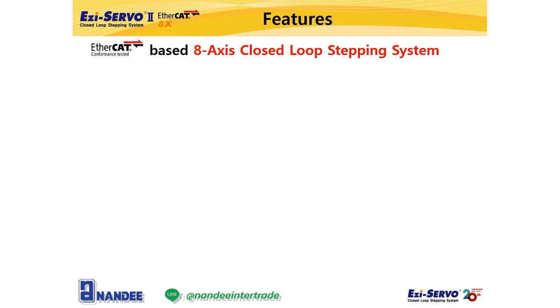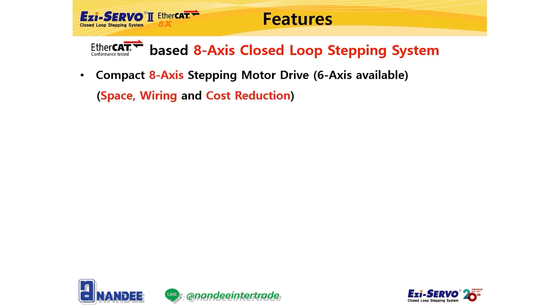Easy Servo 2 EtherCAT 8X is EtherCAT-based 8-axis closed-loop stepping system product. There are 8 drives in one Easy Servo 2 EtherCAT 8X case. Thus, you can save space and the wiring would be simpler. Space saving and less wiring can reduce cost. I will tell you about in the next chapter.